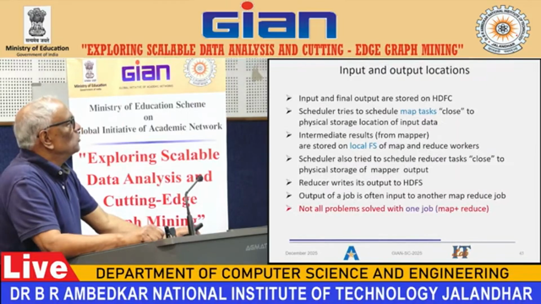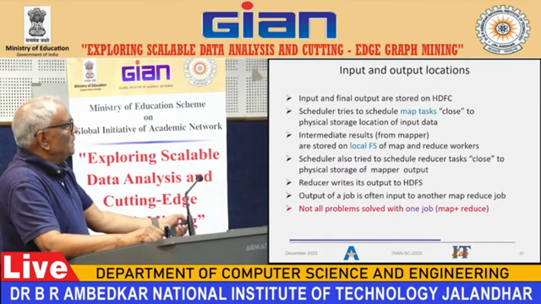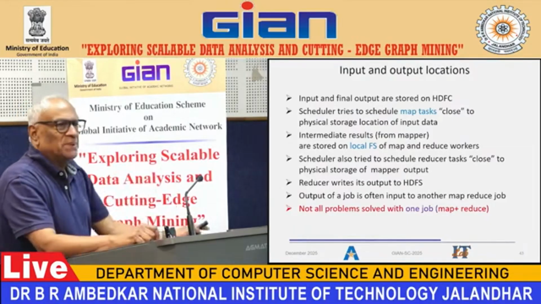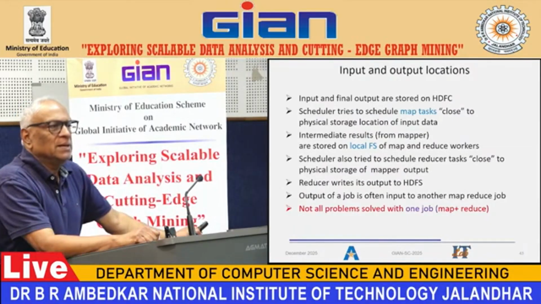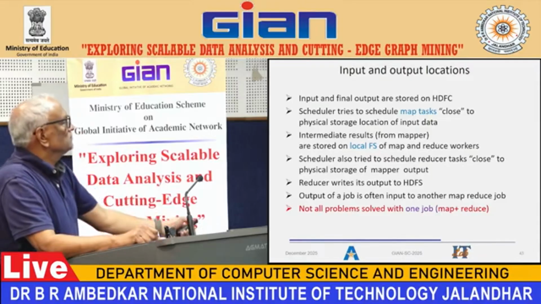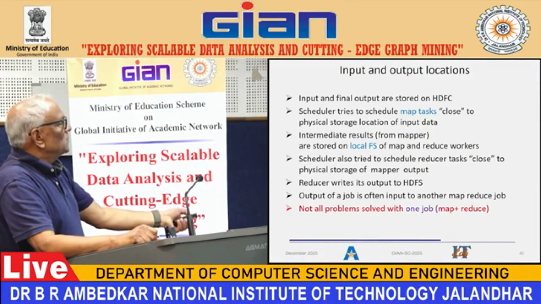So input-output locations, input that you provide and final output are always stored on HDFS. Scheduler tries to schedule map tasks close to physical storage. So this is an optimization that is done by the Hadoop framework. Intermediate results are stored on the local storage.